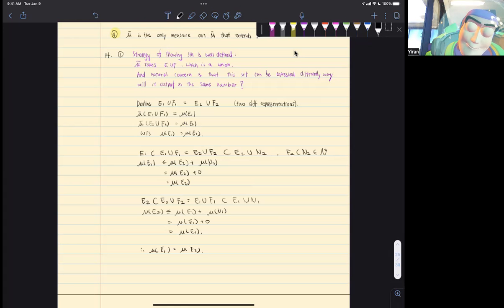And mu of B is smaller or equal than mu of E union N, right? And then we know that this is equal to 0. Mu of B is equal to 0.